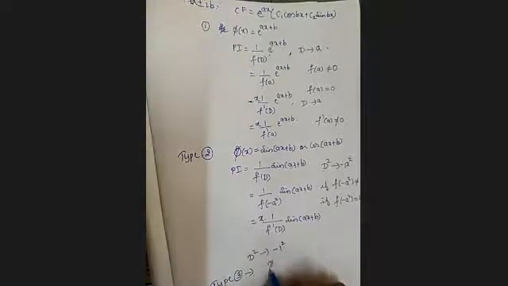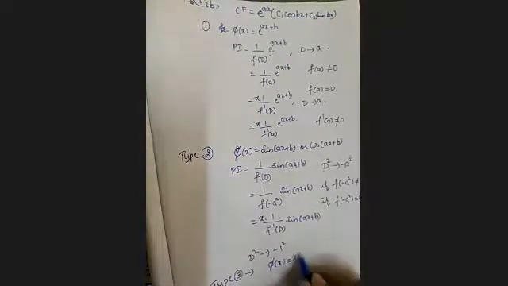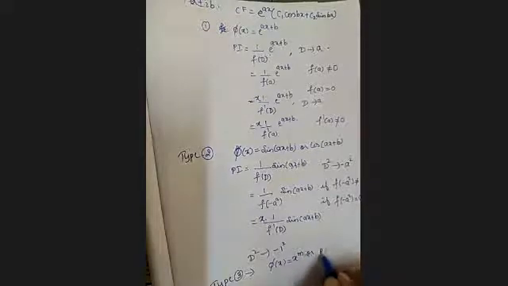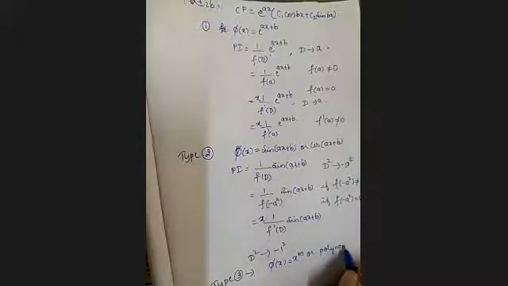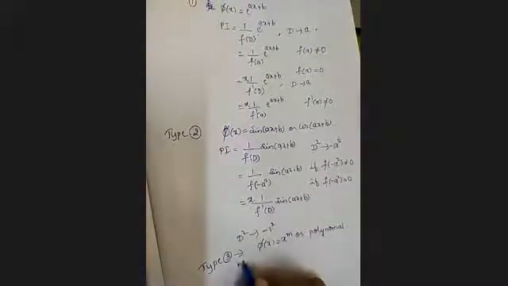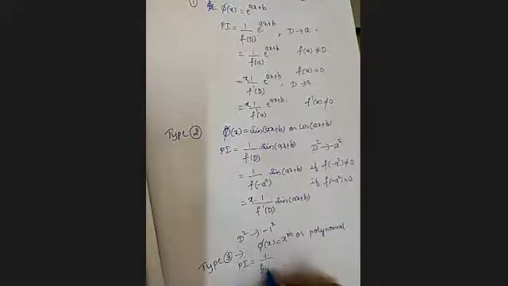So if you have your function in the form x raised to m or any polynomial, polynomial means the terms in the power of x, then the particular integral is 1 upon f of D into phi of x, which is x raised to m.